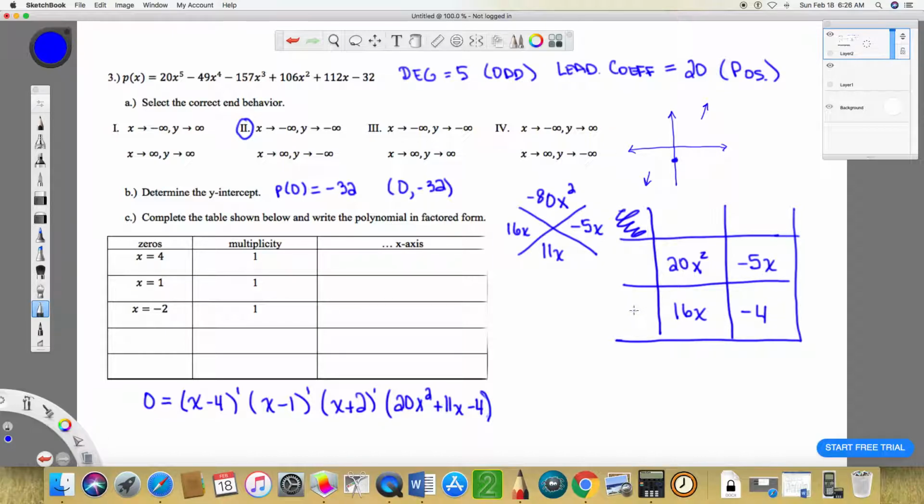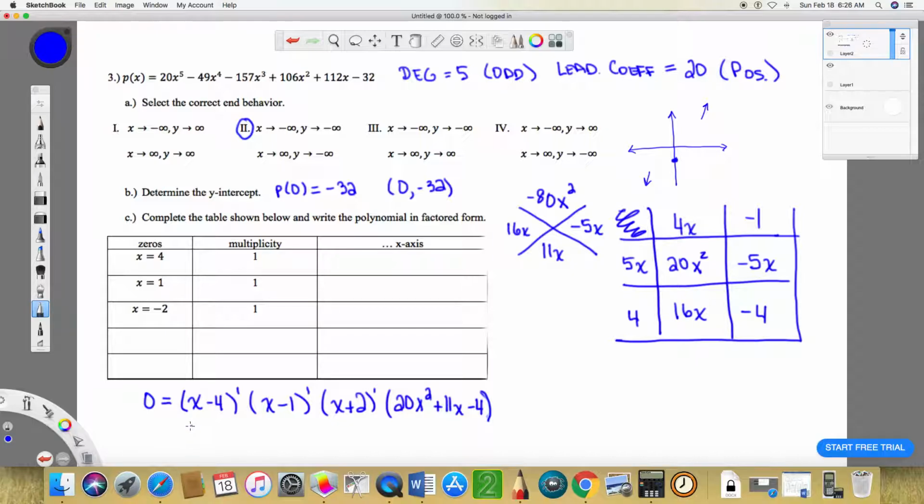So 4 is a common factor here, and -1, the negative sign, is the thing that's common there. A 5x is common here, and a 4x is common vertically there.